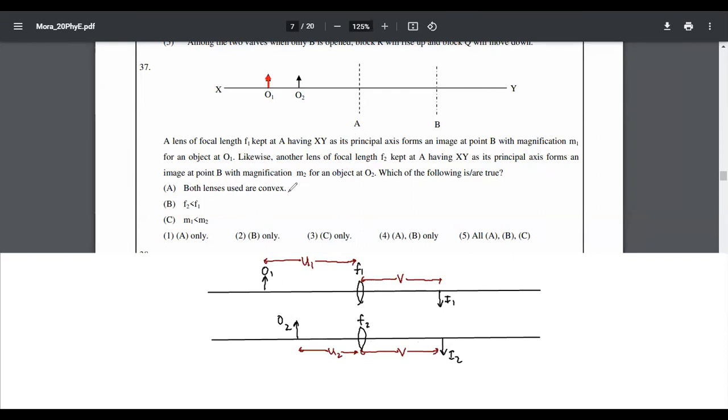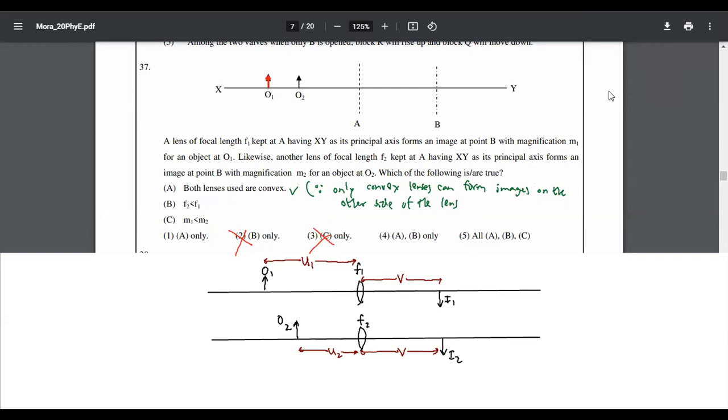Yes, because only convex lenses can form images on the other side of the lens. So definitely A is correct. If A is correct, this is wrong, other three are possible.